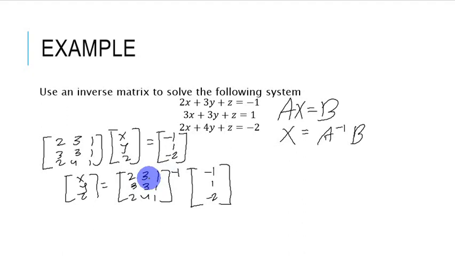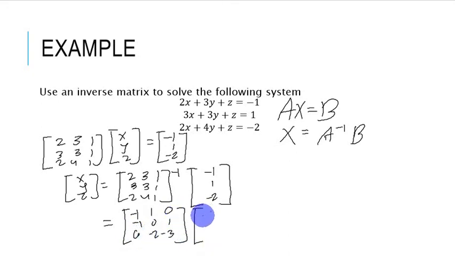Finding the inverse of this matrix is left to the viewers, and this matrix has an inverse. When you compute it, it is negative 1, 1, 0, negative 1, 0, 1, and 6, negative 2, negative 3.